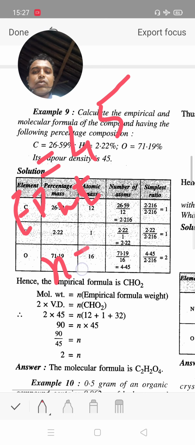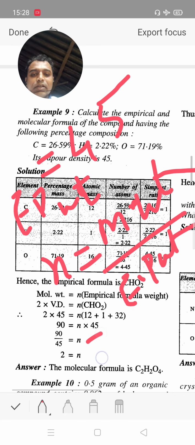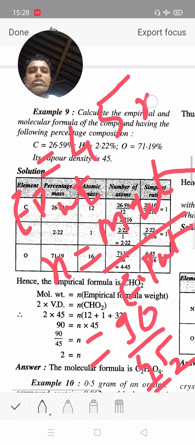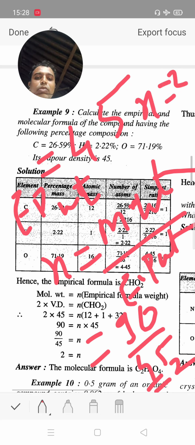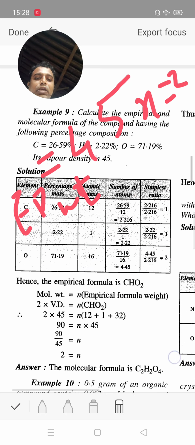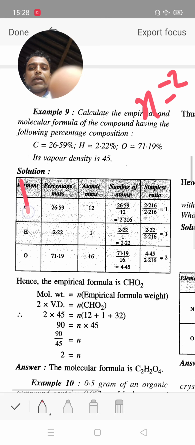Now n is equal to molecular weight. We already discussed vapor density into 2. Therefore it is 90 upon empirical formula weight. Then 90 upon 45 is equal to 2. Then n is equal to 2. Our last formula: empirical formula into n is equal to molecular formula.